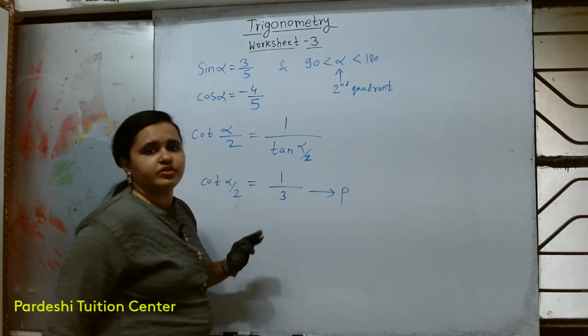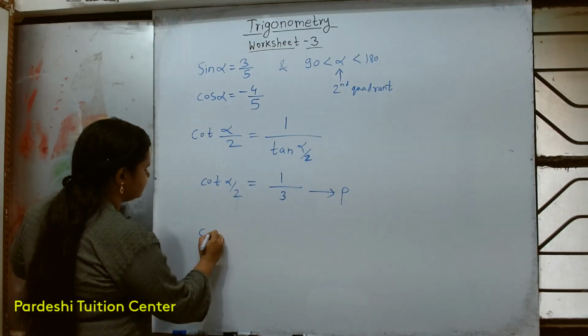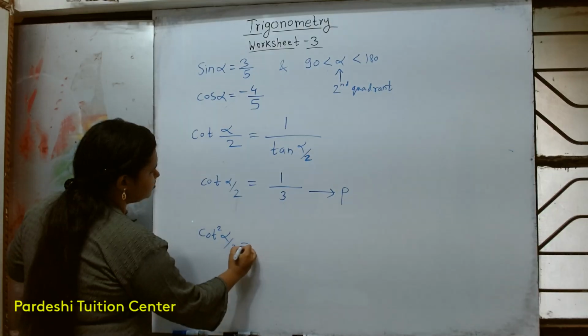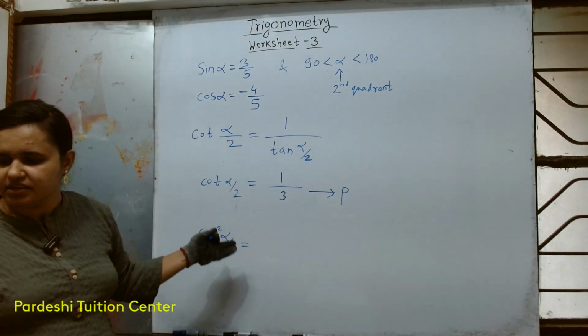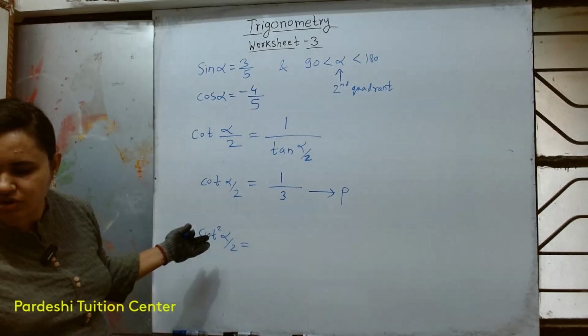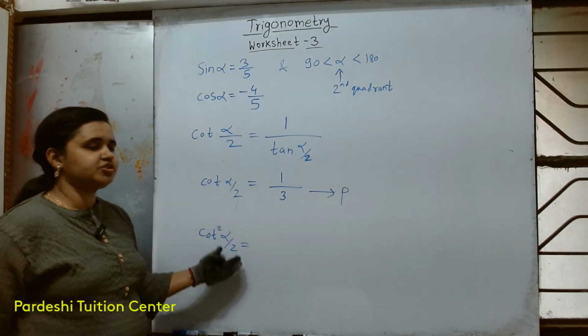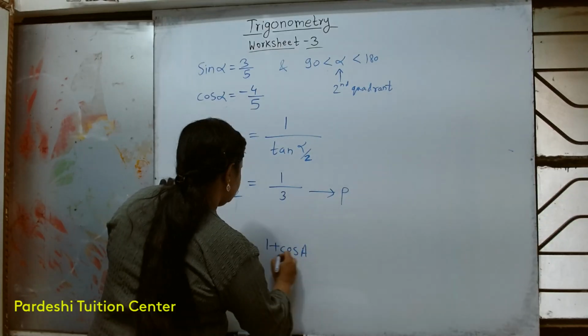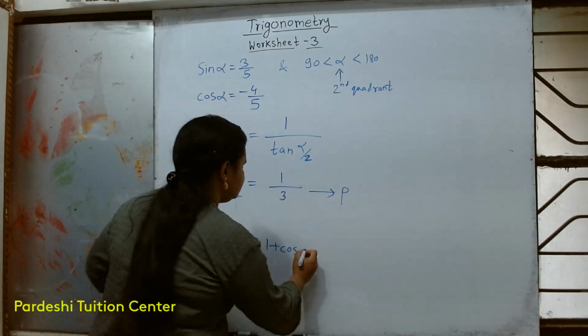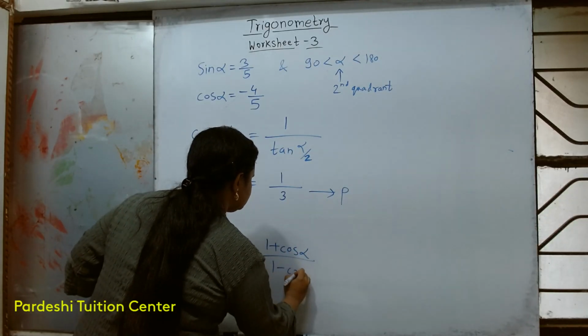You can also solve this by cot square alpha by 2. Tan square alpha by 2 was 1 minus cos A upon 1 plus cos A, so cot square alpha by 2 will be 1 plus cos alpha upon 1 minus cos alpha.